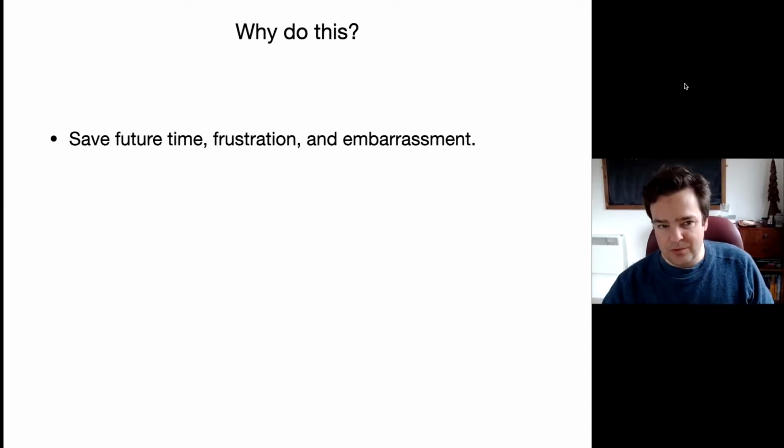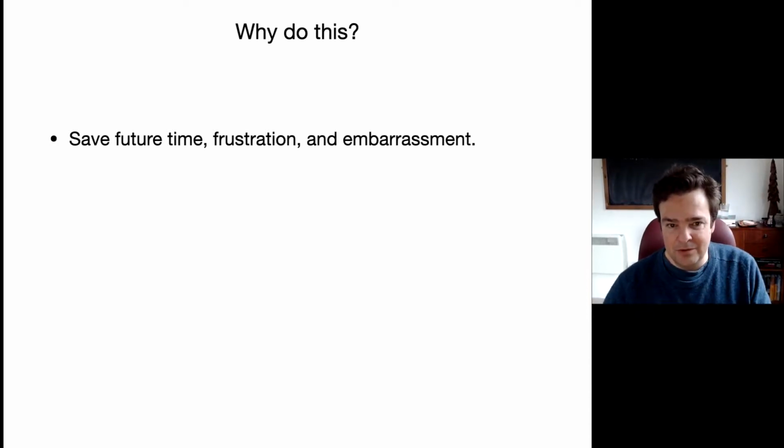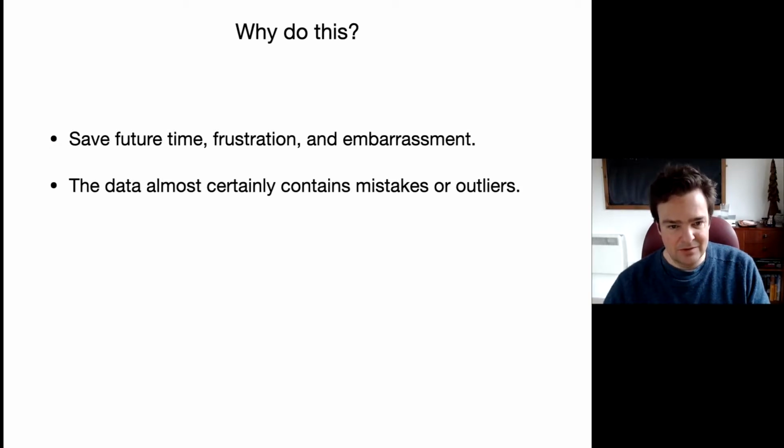For example, sometimes when you go to make a plot, you'll just crash and you'll find out that there's something wrong with the column of data, and it's important to find that out early rather than late when you're trying to do some kind of massive analysis. There's almost always mistakes of some sort in the data, depending on where you got the data. But if it involves human beings at any stage, there's almost always something wrong. Like there are blanks, or there are things that are supposed to be blanks but are filled with some other symbols, stuff like that.